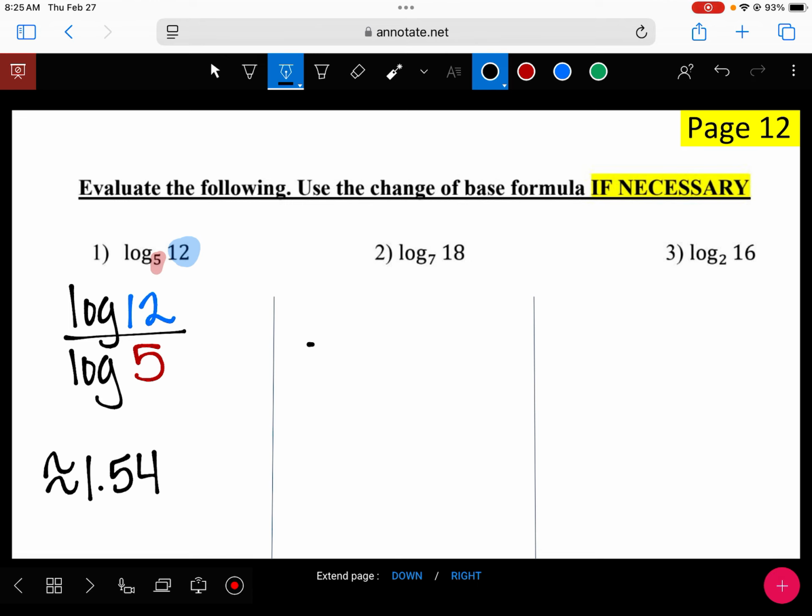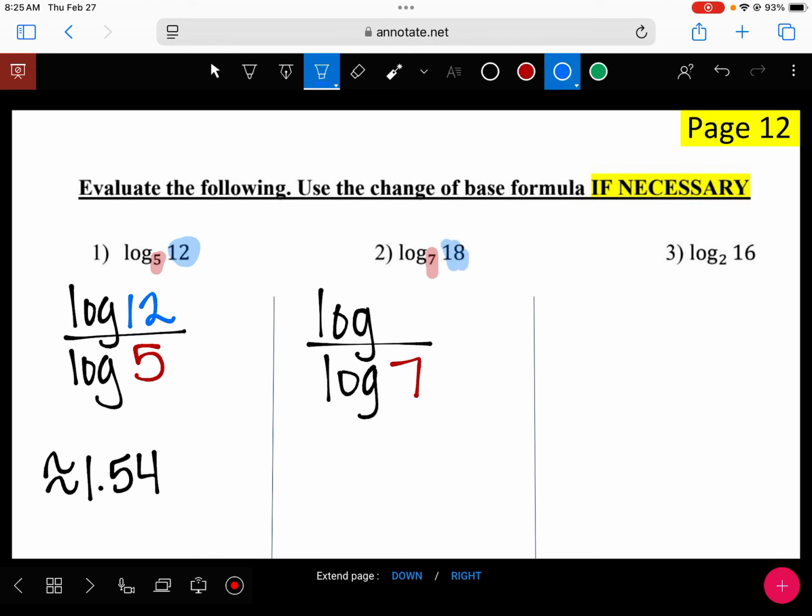All right, let's do our second one. We have log, log. So the little bitty number for number 2, the base, that's a 7. That goes in the bottom. The 7 goes in the bottom. The answer is 18. That goes in the top.